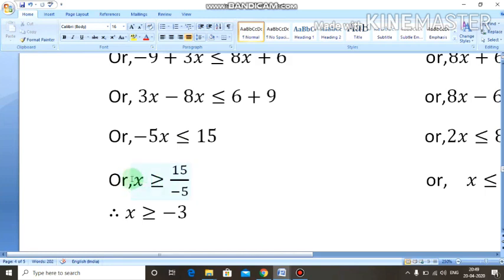If we divide the left hand side by minus 5, then minus 5 cancels out and it becomes only x, and the right hand side is 15 by minus 5. But since we divided here by a negative number, the inequality sign changed.